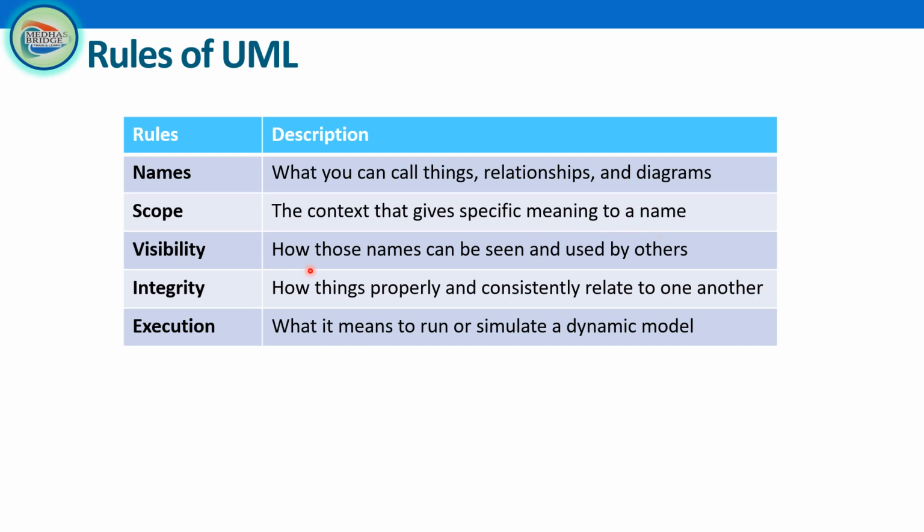Visibility: how these names can be seen and used by others. Integrity: how things properly and consistently relate to one another. Execution: what it means to run or simulate a dynamic model. These are the rules of UML in case of modeling.